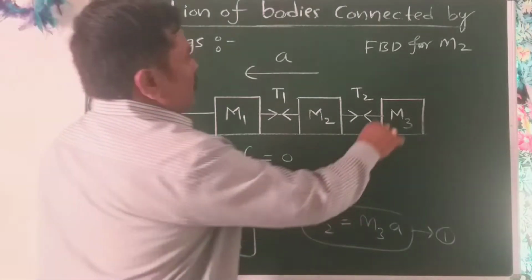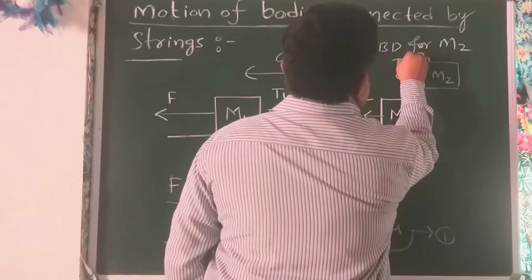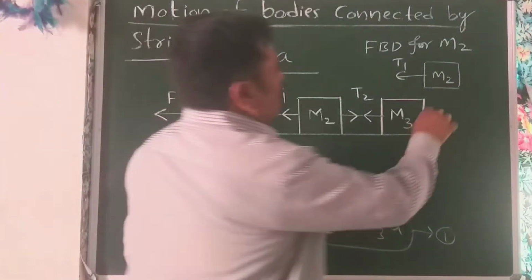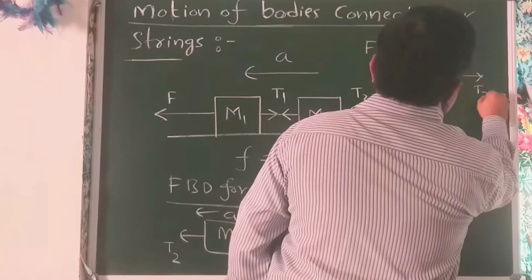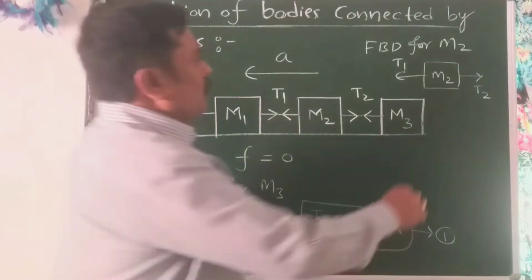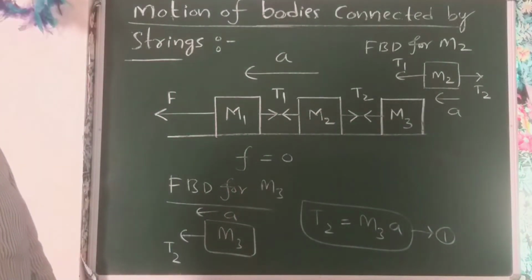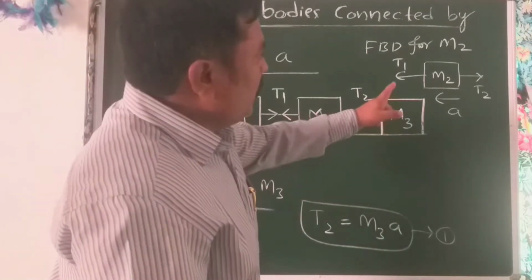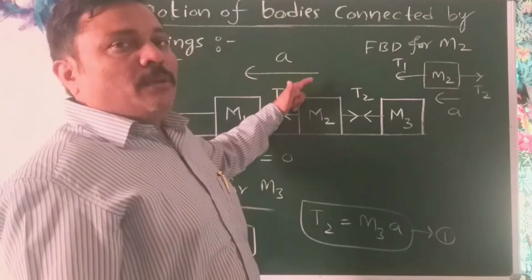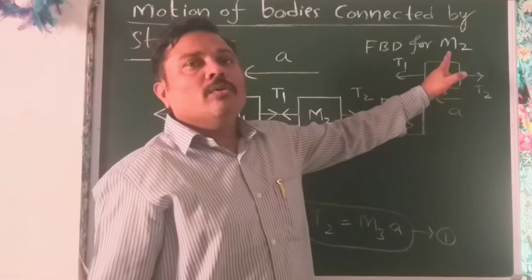We consider mass M2: T1 tension along the negative x-axis due to mass M1, and T2 tension along the positive x-axis arising due to mass M3, but mass M2 is accelerated along the negative x-axis. From this diagram we write the expression. Here mass M2 accelerates in the direction of T1, in the sense that T1 dominates T2.